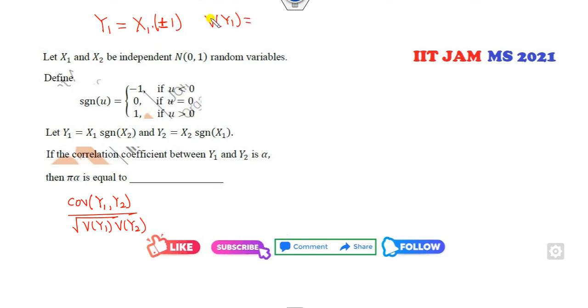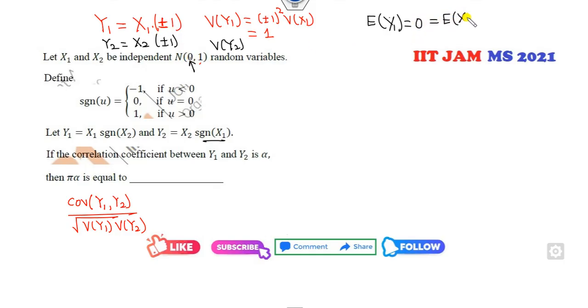If it is plus 1, or if it is minus 1, it will be the variance of X1, which will be 1. Similarly, Y2 will be X2 times sigma, which is plus or minus 1, so the variance of Y2 is also 1. Can you find the expected value of Y1? Because again it's plus or minus 1 and the expected value of X1 is 0, so it is 0, which is the same for Y2.